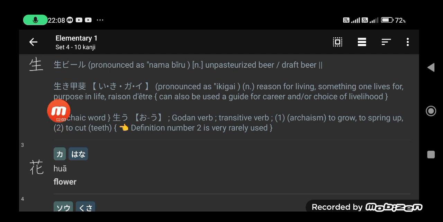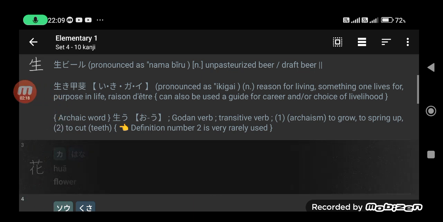Just like our previous lecture, this kanji connotes life or being born. And for today, our kanji here is flower.